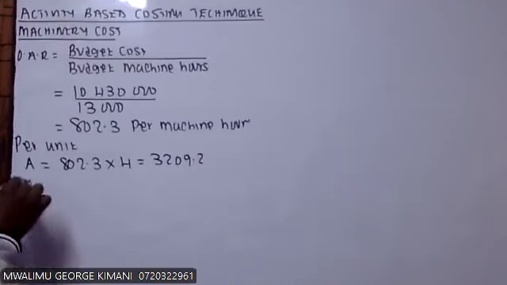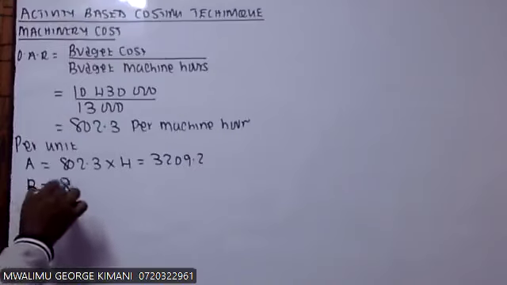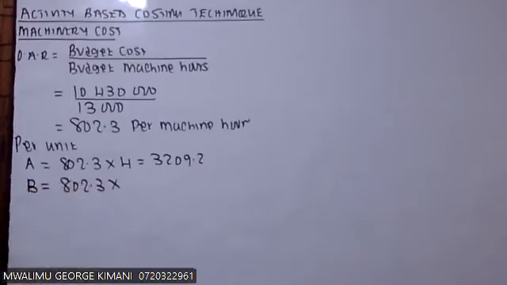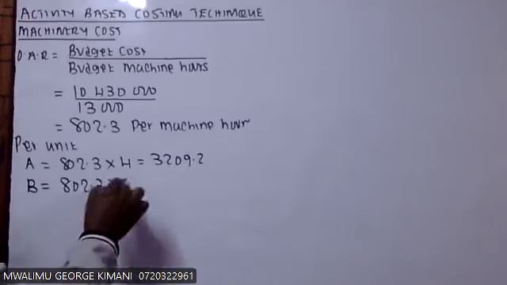Then for B, it is 802.3 times 3 machine hours.